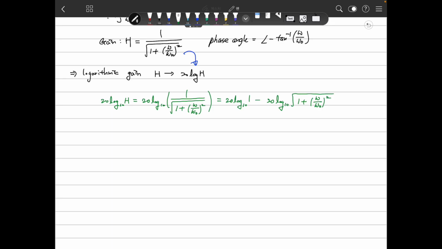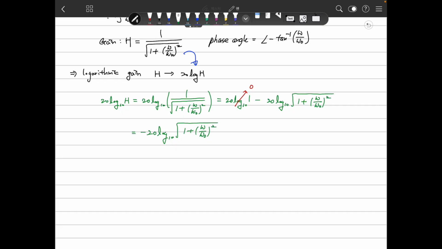So what is log 1? That is 0. So the main thing is minus 20 log10 of the square root of 1 plus (omega over omega 0) squared.